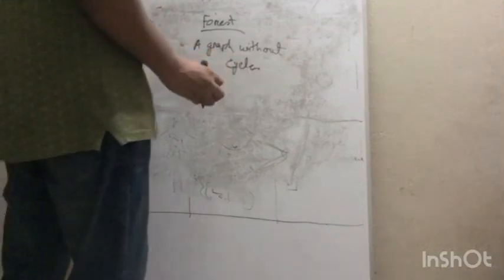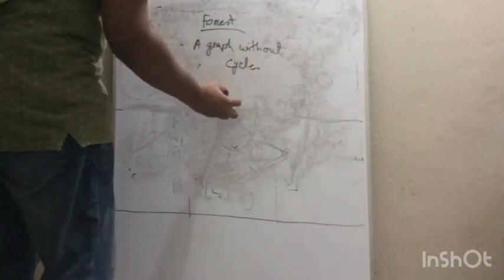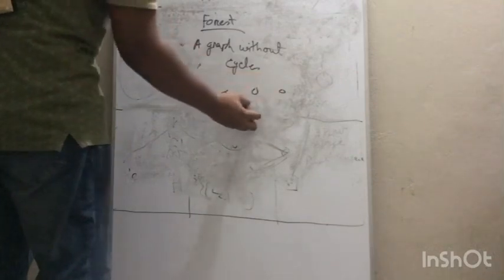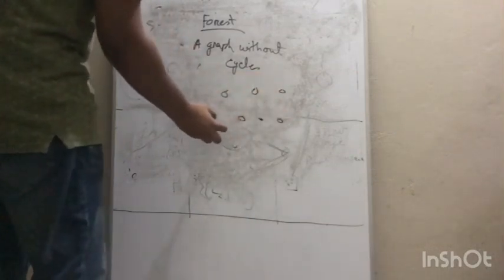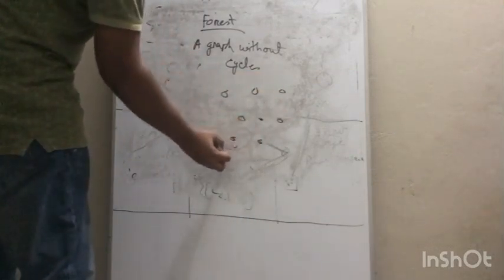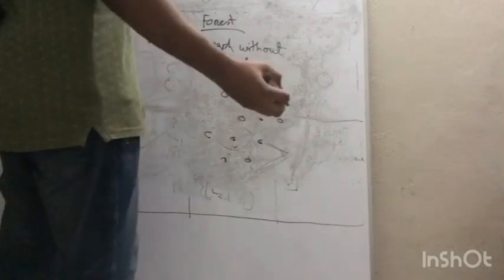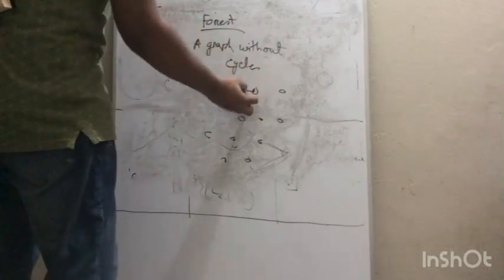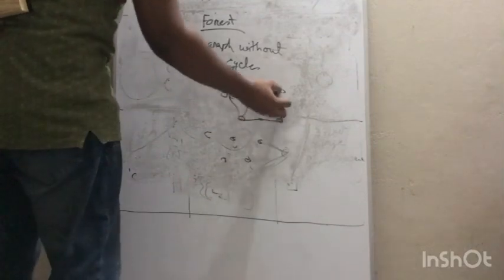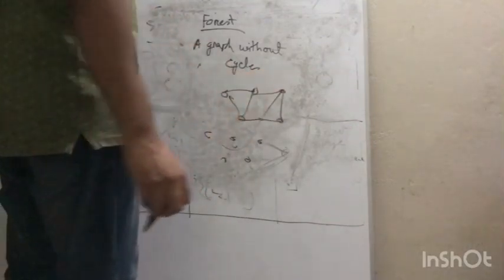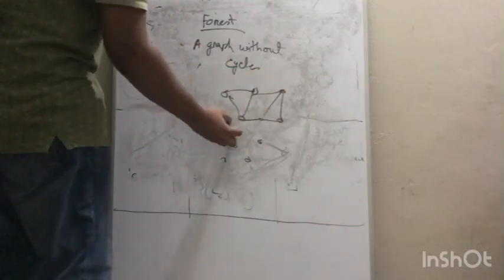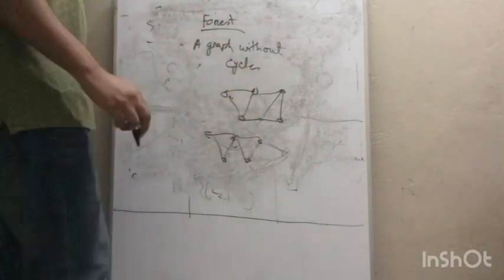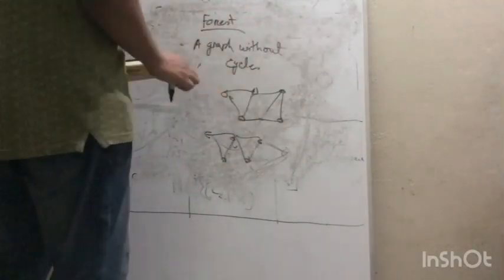Like any graph, they may be connected or may not be connected. A graph doesn't necessarily have to be connected. So, like this is a graph. You see, there are cycles, so it is not a forest.